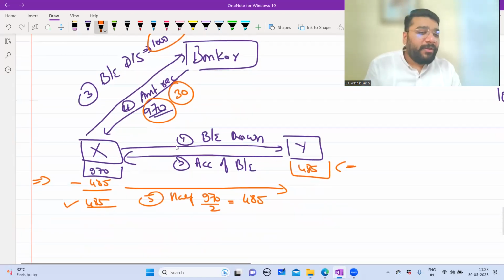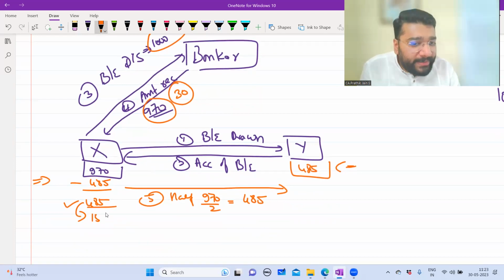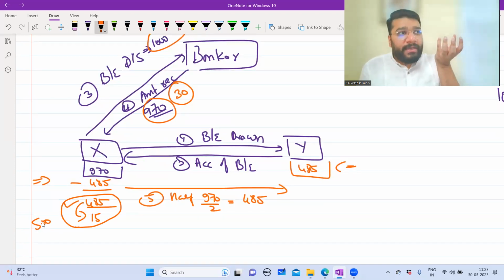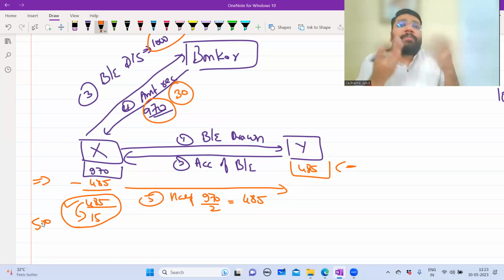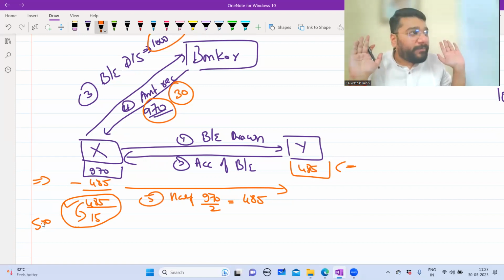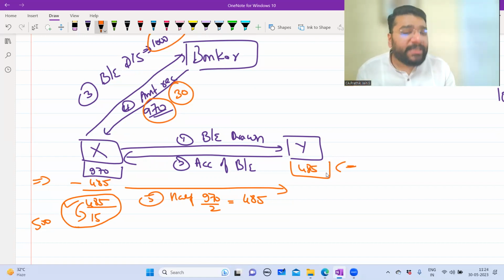So, this 485 rupees that X is enjoying, 15 rupees he has to bear. So total how much money is he enjoying? Total 500 rupees he is enjoying. Correct, no? In that, 485 is the net amount he is enjoying, 15 rupees is expense. But 500 is the total money he is enjoying. Same way, guys, when Y is enjoying 485, his proportionate expenditure is 15 rupees.